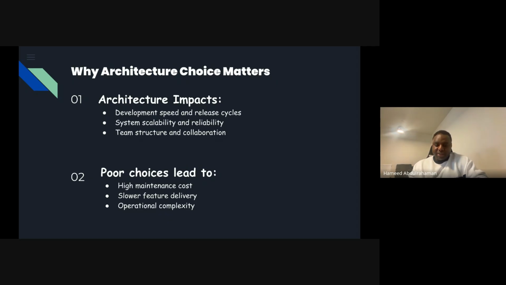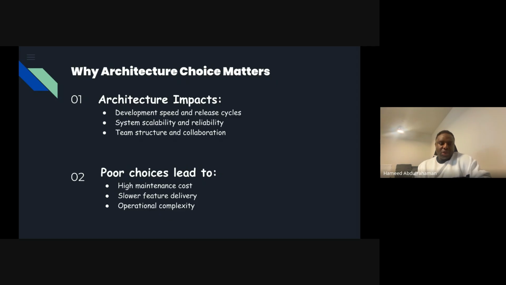So this affects the cost of maintenance itself, and also slower delivery. Previously we talked about fast development and release cycle. So if you choose an architecture that's not well suited for your team, then you have slow feature delivery and operational complexities from DevOps and all that.